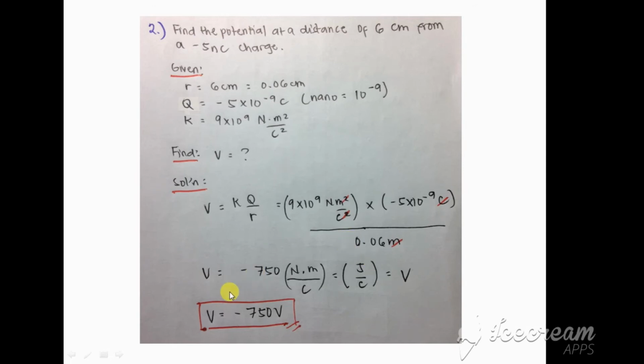This leads us to a final value of negative 750 newton meter per coulomb. And newton meter, again, is equal to joules, so it would be joules per coulomb. And again, joules per coulomb is equal to volts. So the final answer is negative 750 volts. So that is the electric potential.